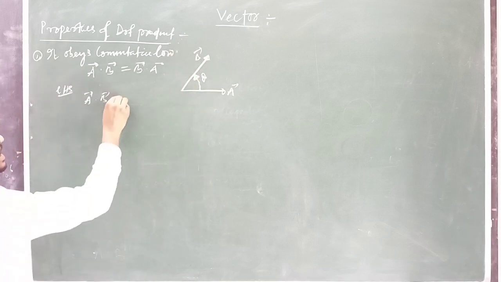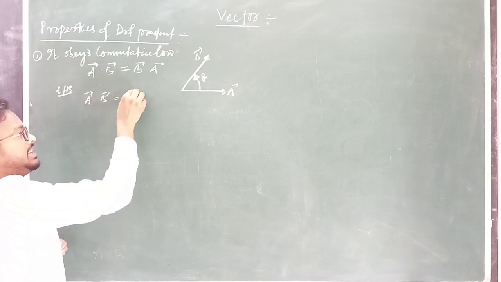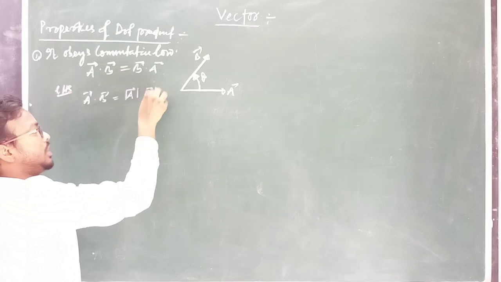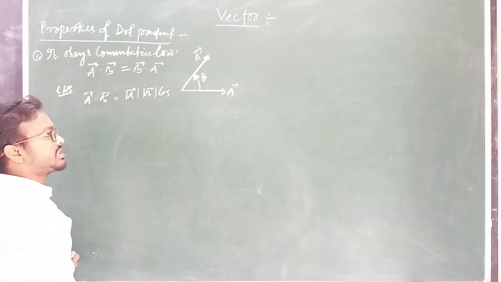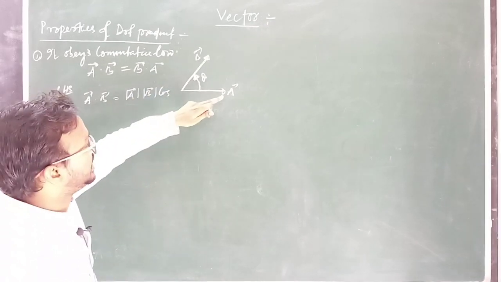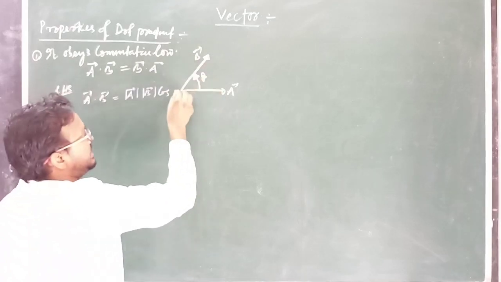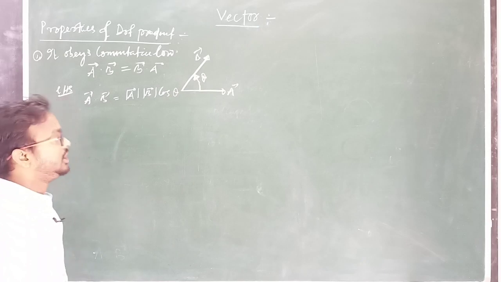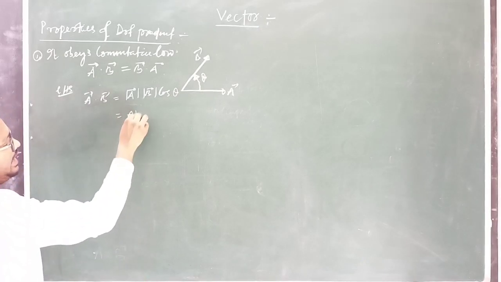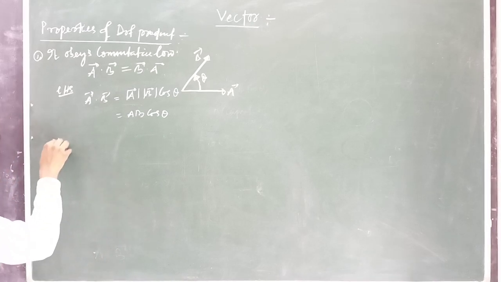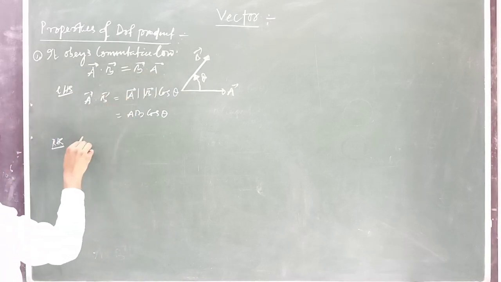So A dot B equals magnitude of A and magnitude of B and cosine of the angle between A and B, and here the angle between A and B is theta, clear? Or simply you can write AB cos theta. Okay, come to the right hand side, B dot A.